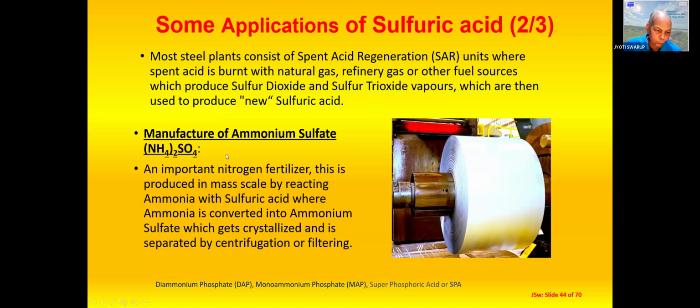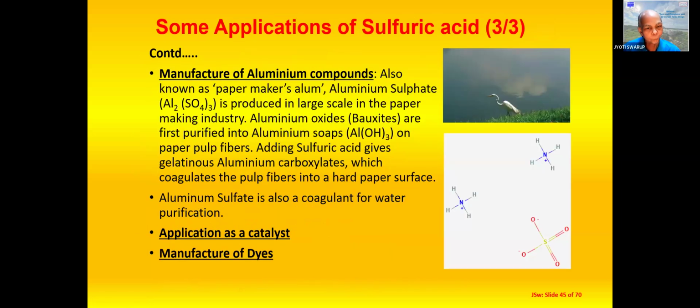Manufacturing of ammonium sulfate is also another usage, a nitrogen fertilizer that is produced on a mass scale by reacting ammonia with sulfuric acid, where ammonia is converted into ammonium sulfate, which gets crystallized and separated by a centrifugal or filtering process. Now, manufacture of aluminum compounds is another application of sulfuric acid, which can be aluminum sulfate, produced on a large scale in the paper making industry.